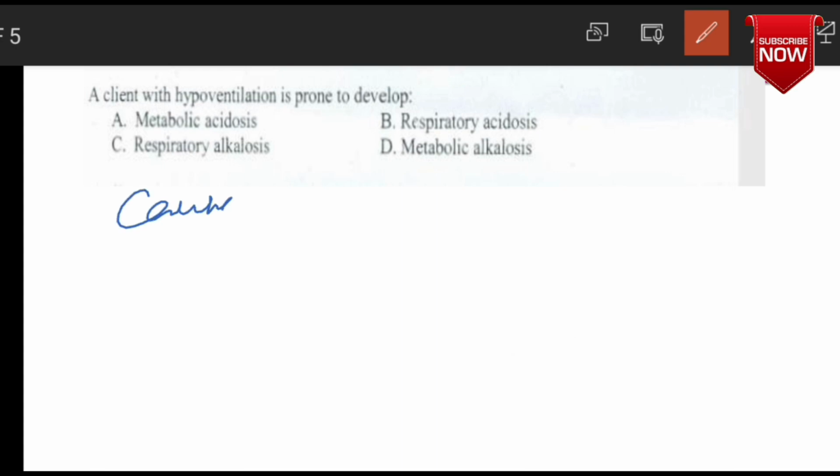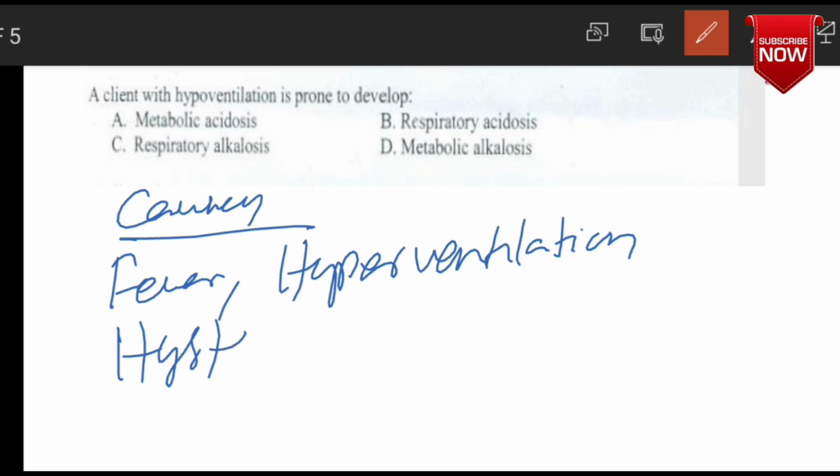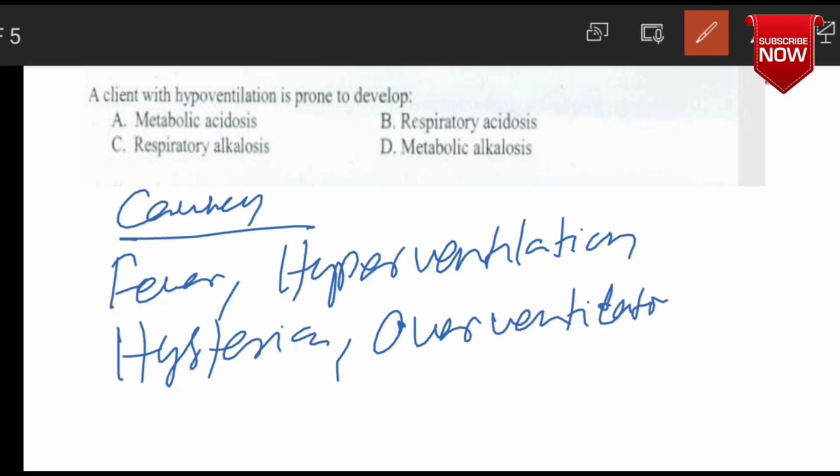Causes: fever, hyperventilation, hysteria, overventilation by mechanical ventilator, hypoxia. These are the main causes of respiratory alkalosis.